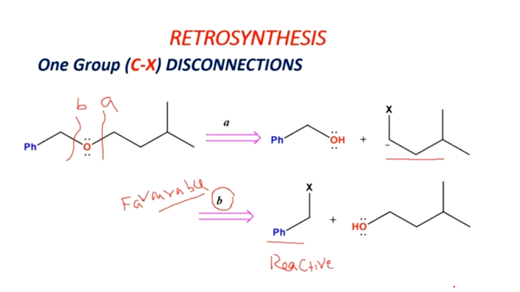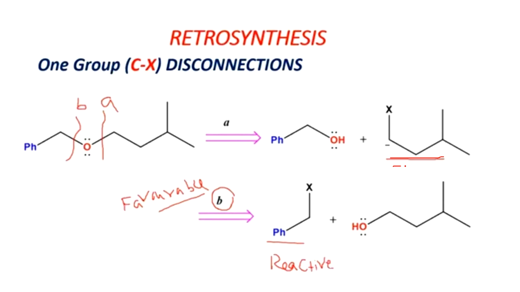Here they are showing you two ways of fragmentation, A as well as B, but we have to analyze which way would be easier to do a synthesis in the given molecule, so that we get a stable fragment. So from A we are doing a fragmentation through this, from B we are doing fragmentation from this.